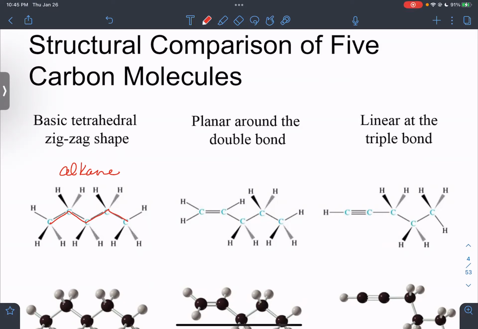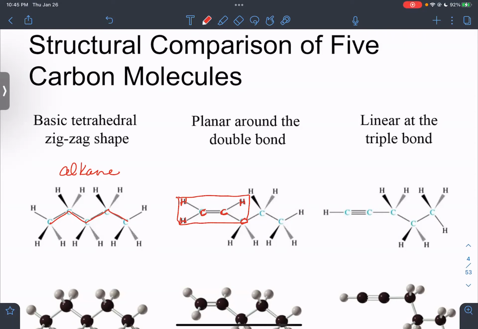But when we go to having a double bond, these 2 carbons and the other 2 things that are attached to it, the hydrogens here and also this carbon, are all in exactly the same plane. So we call this planar around the double bond.